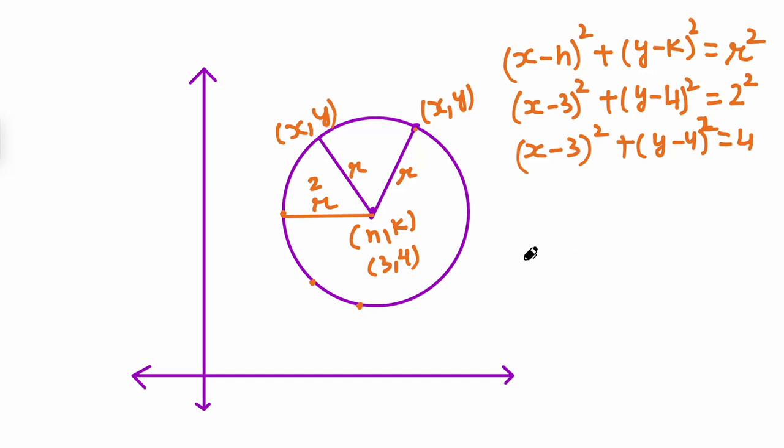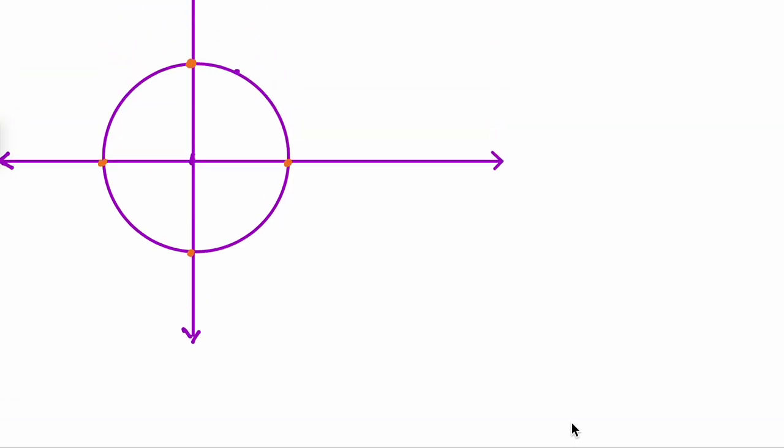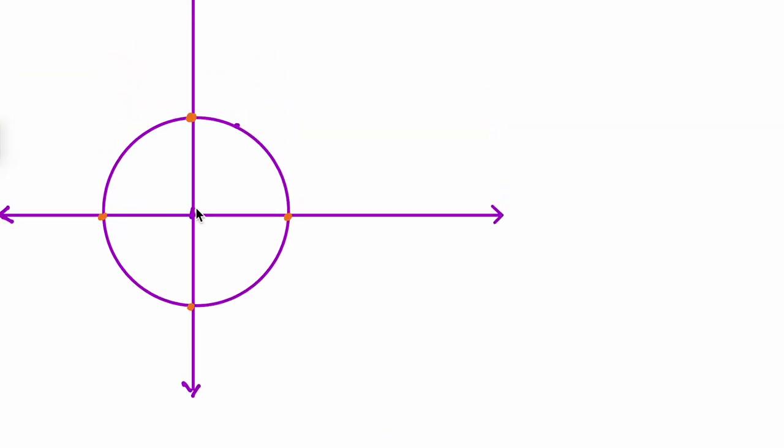Now this is the general equation, and we will see certain specific cases where h and k will be at certain positions, like this one. Here the center of the circle is at the origin. That means h and k are 0 and 0, and let's say the radius is 2, right?